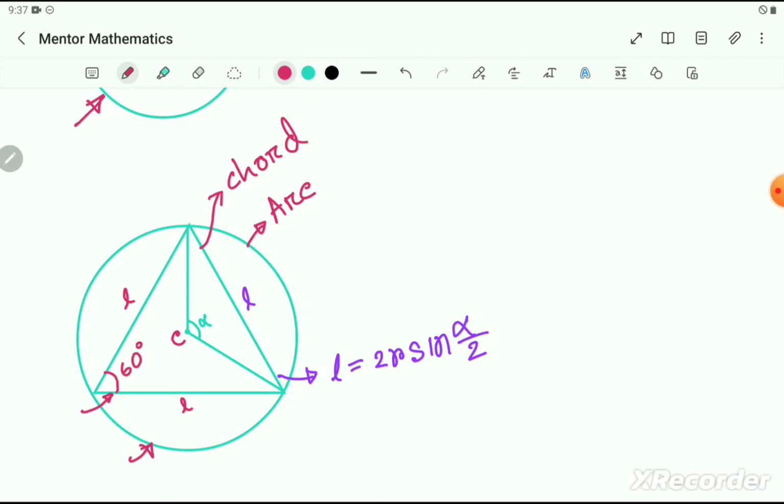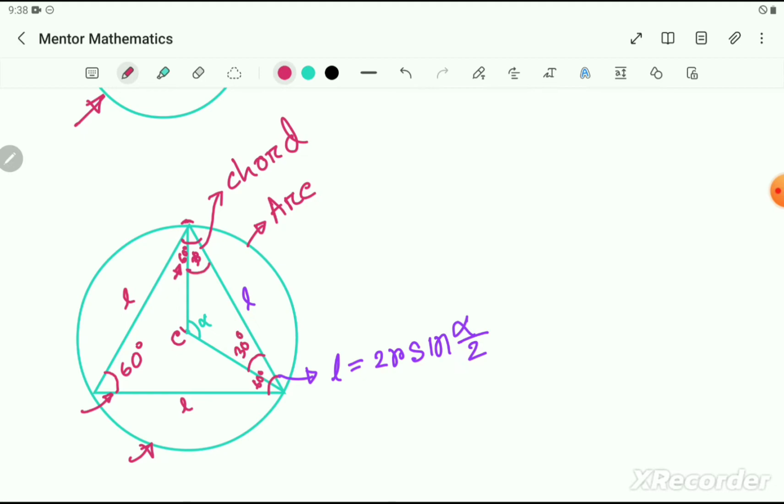As it is equilateral, the angle would be 60 degrees. If we connect the center and the vertices of the triangle, then this line divides this angle equally. That means it divides it into 30 degrees. And also the same here, we can write this angle is 30 degrees.